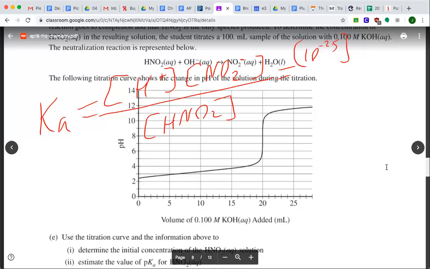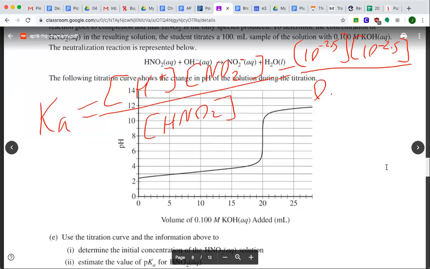And we should expect the same for our concentration of NO2 minus, 10 to the negative 2.5. And then because that's such a small concentration, we should expect our concentration of HNO2 to be roughly 0.025 molar, but let's just go ahead and make it right.